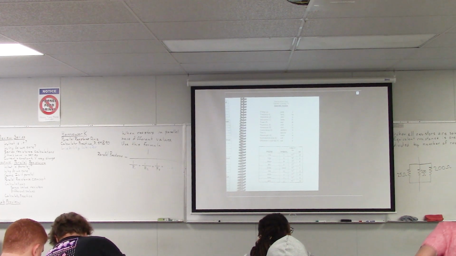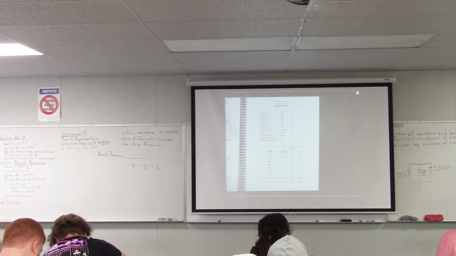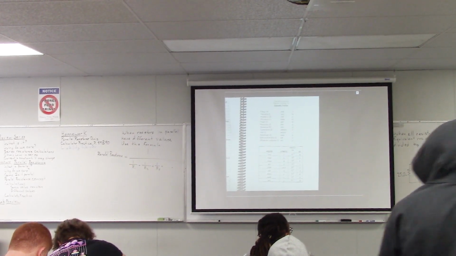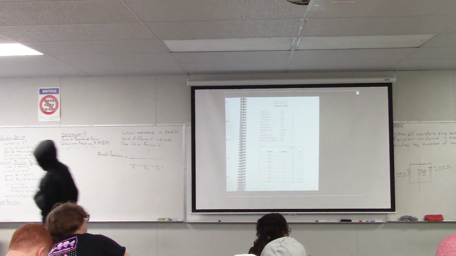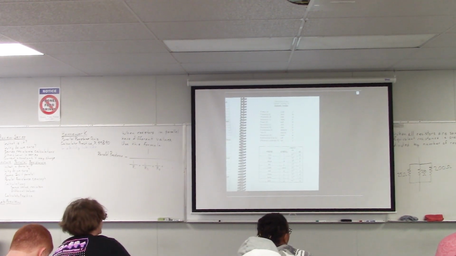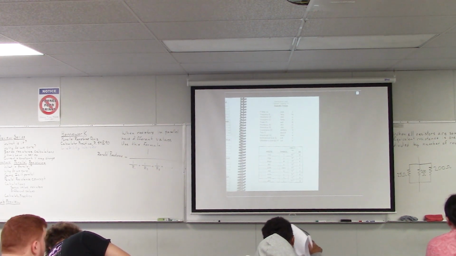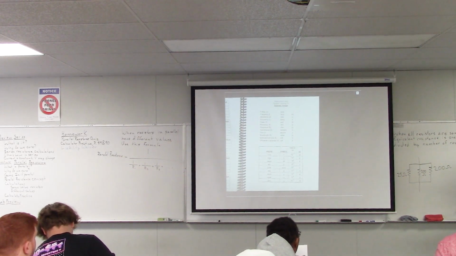So kilo is 1,000, but we say that that's 10 to the power of 3. That's what this table is telling us.